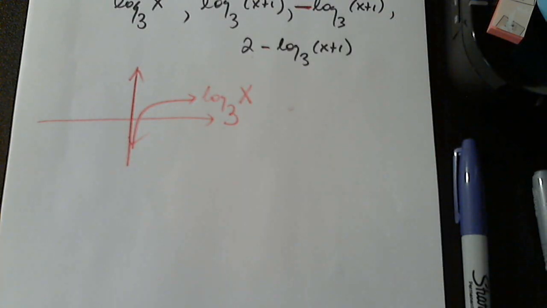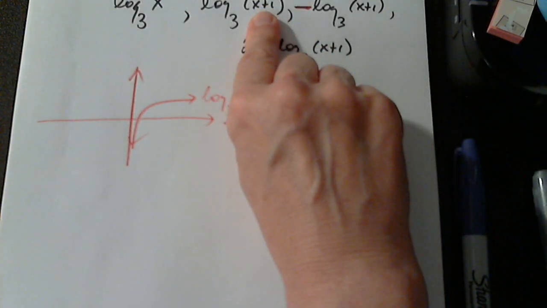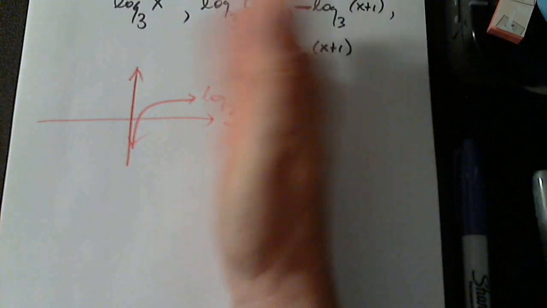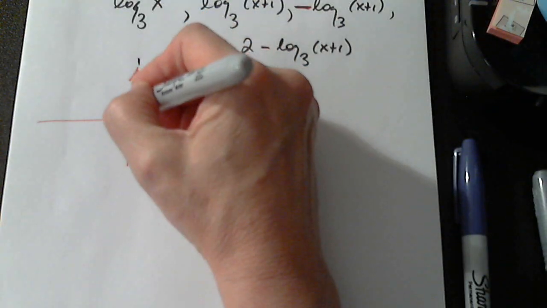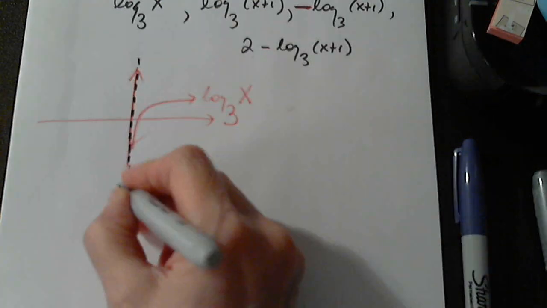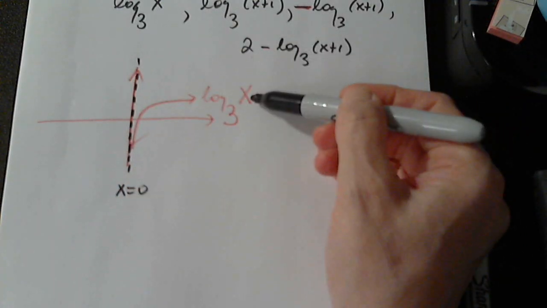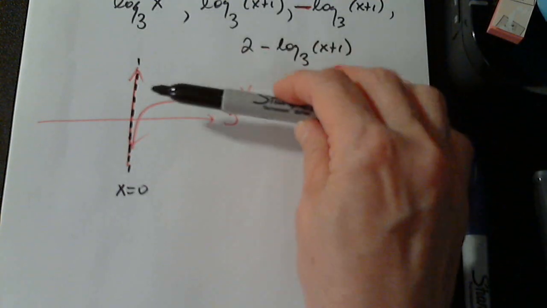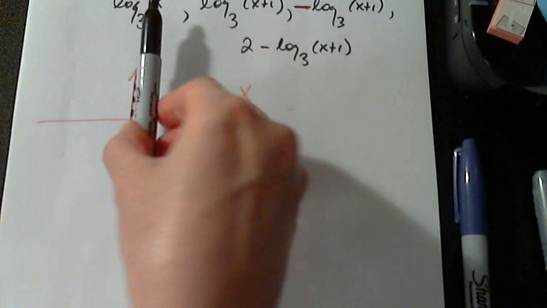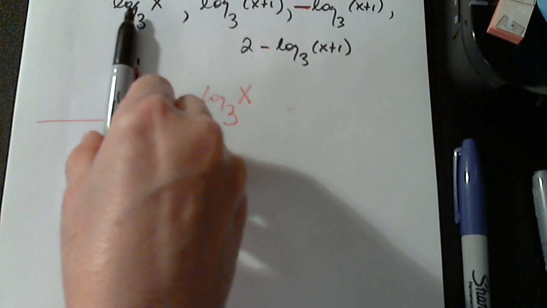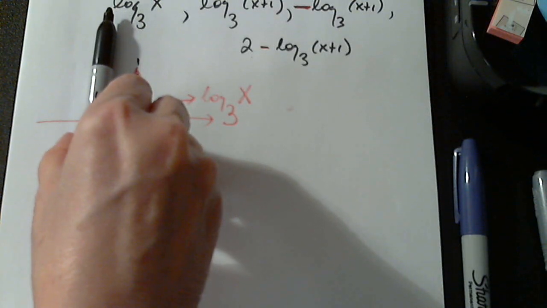The next step is shifting 1 unit to the left. Remember, this is the so-called vertical asymptote, x equals 0, of this function. If I shift this graph to the left 1, the vertical asymptote must shift 1 unit to the left as well.